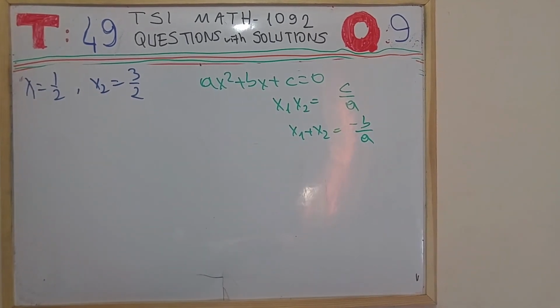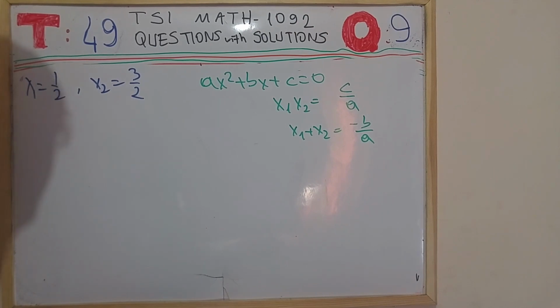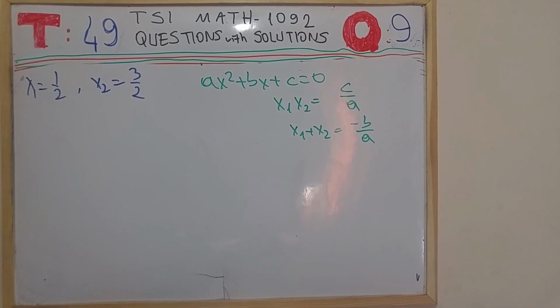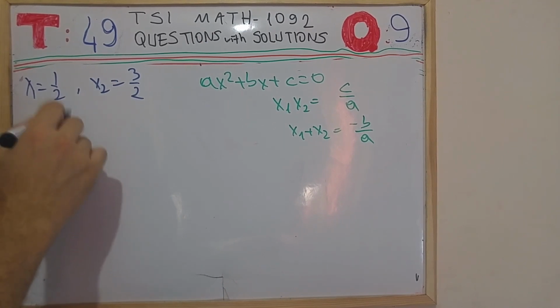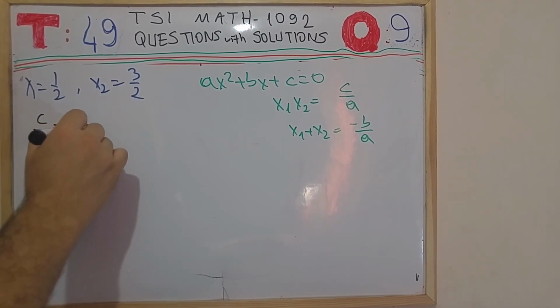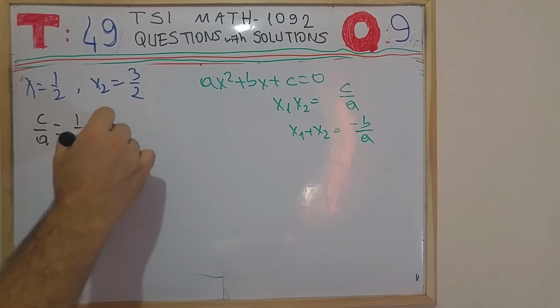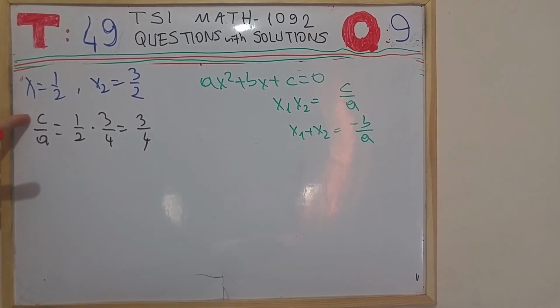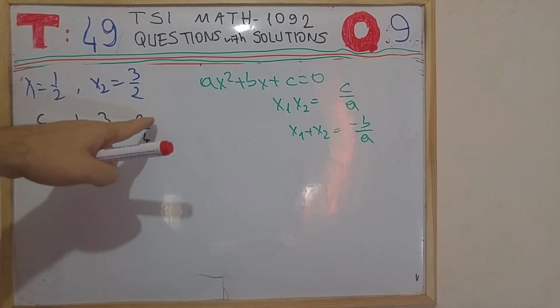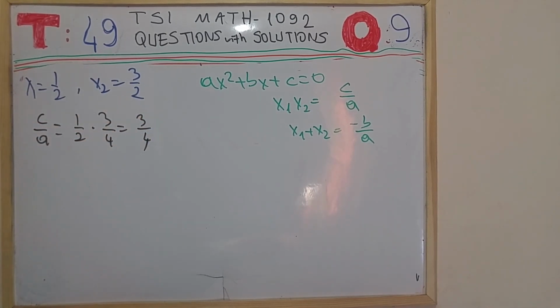Now we know both the roots here, so we can find this function easily. What we have is x1 times x2, c over a, is equal to 1 over 2 times 3 over 2, which is equal to 3 over 4. So the ratio of c to a is equal to 3 to 4.